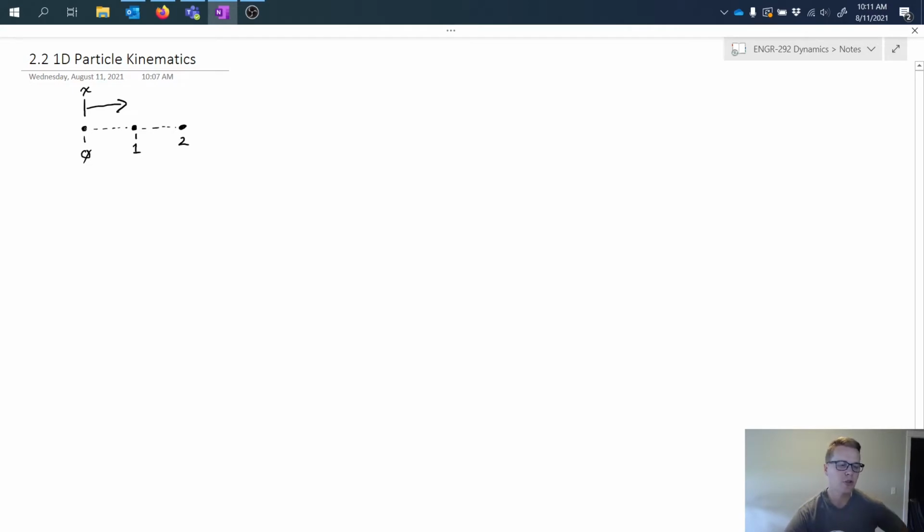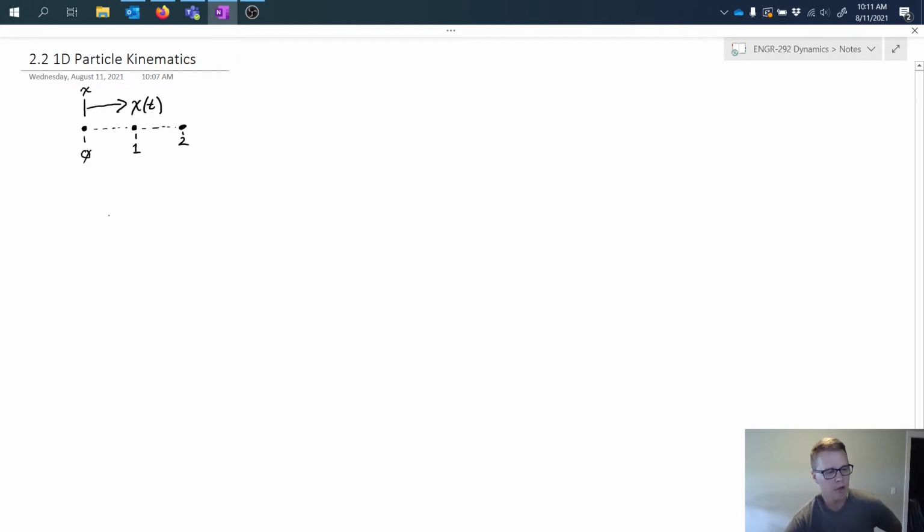So the particle is traversing from left to right, from position 0 to position 1 to position 2, and while that's happening, some time has passed. We would define the position of this particle at any given moment as x being a function of time. I've written that in mathematical notation as x(t).